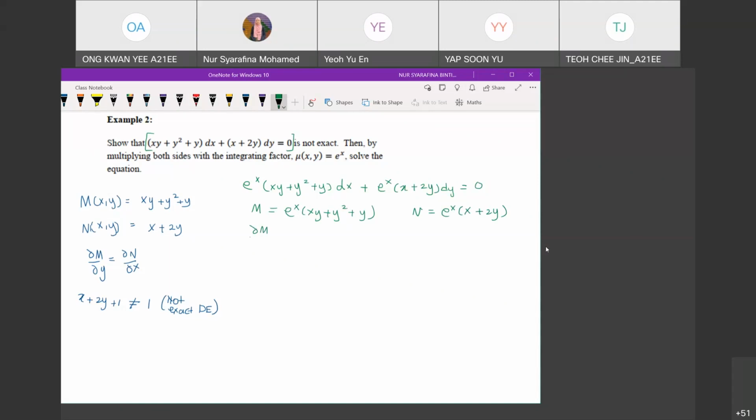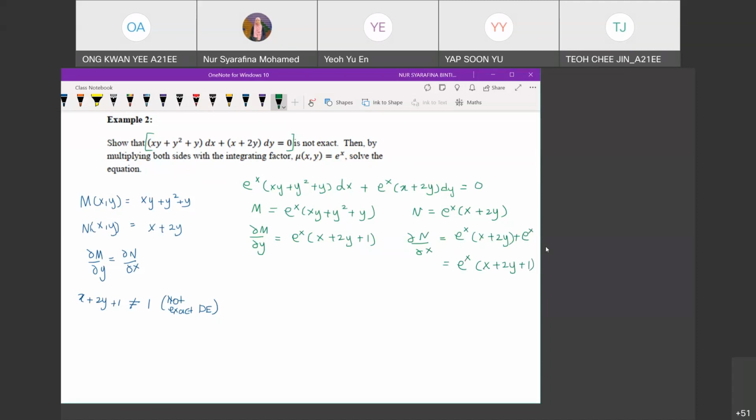And del M del y, we can prove that del M del y is e^x (x + 2y + 1), and then del N del x is e^x (x + 2y) plus e^x, which is equivalent to e^x (x + 2y + 1).